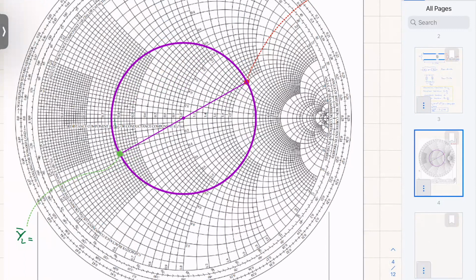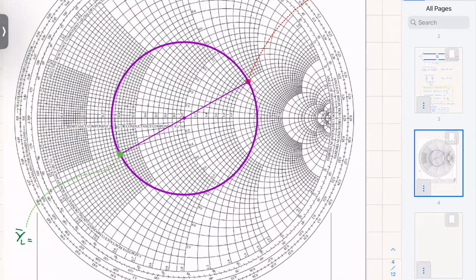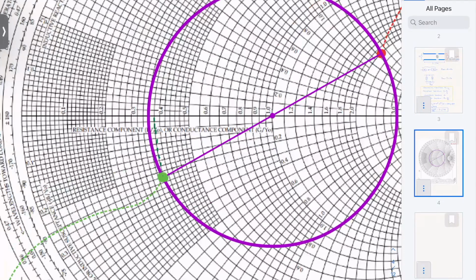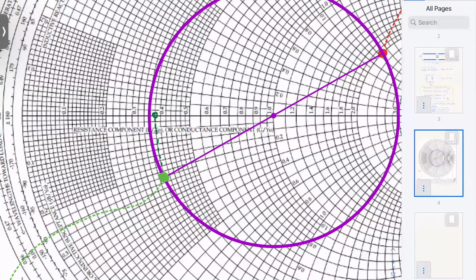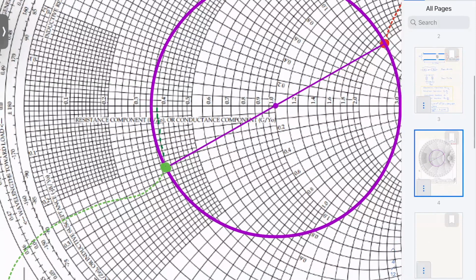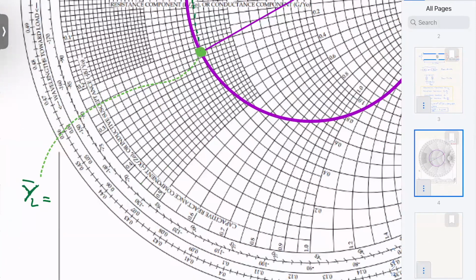That's the resistive circle that goes through that. And if I look at the value here, this is 0.3, 0.32, 0.34, 0.36, 0.38. So that value there is 0.38. And I write it 0.38.